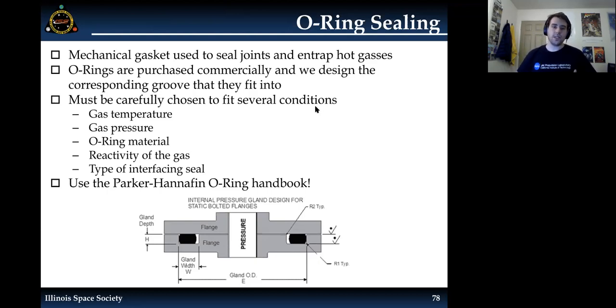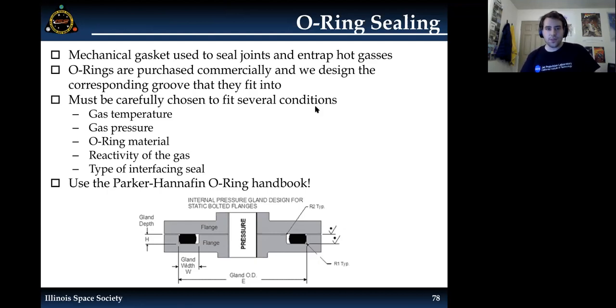So for example, there are many different types of interfacing seals. What we use often, actually what's in this picture right here, is just called a face seal, which is where you have the piece of hardware that just sits right on top, kind of sandwiches it in. And we also have another type that we commonly use called a radial seal. And they're essentially very similar.